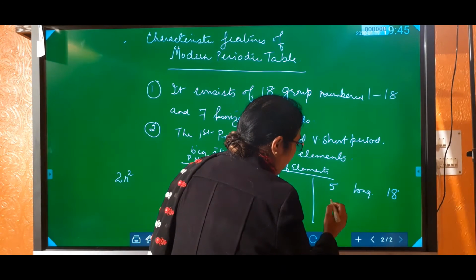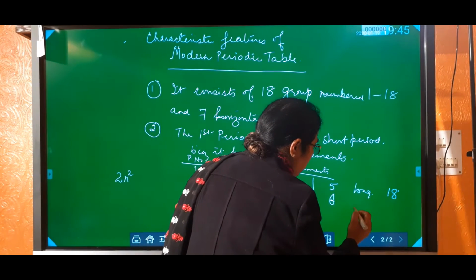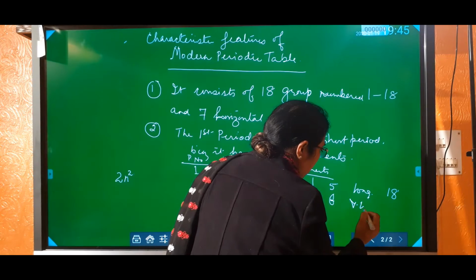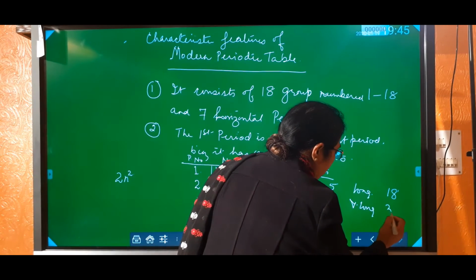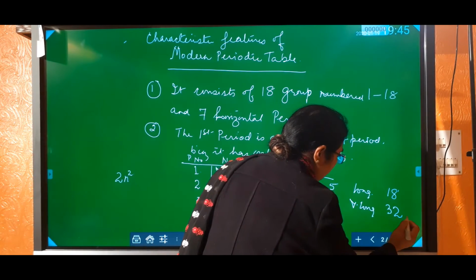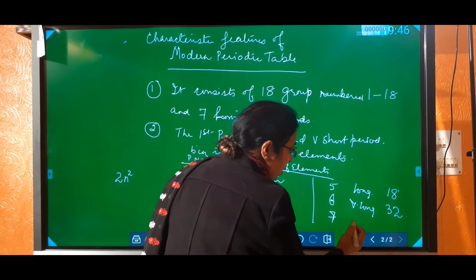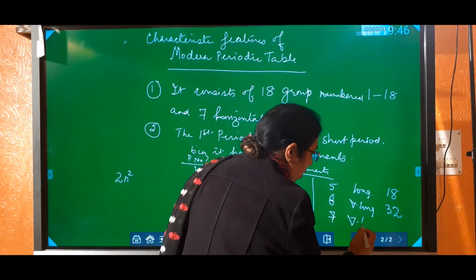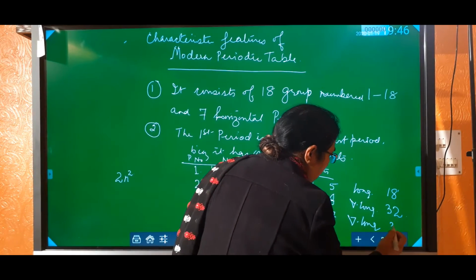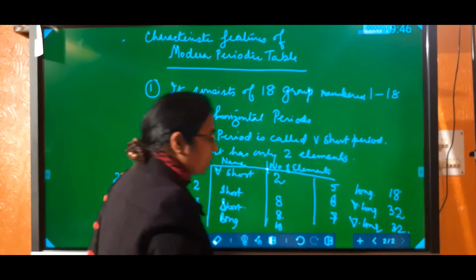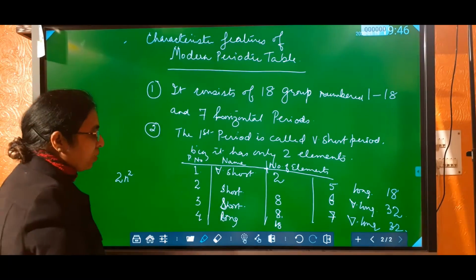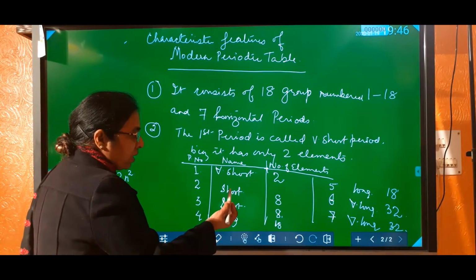And then you have the sixth period, which is known as a very long period. It has 32 elements, and the seventh period is still incomplete. This is also a very long period and it has 32 elements. Now let us see over here the very short period.